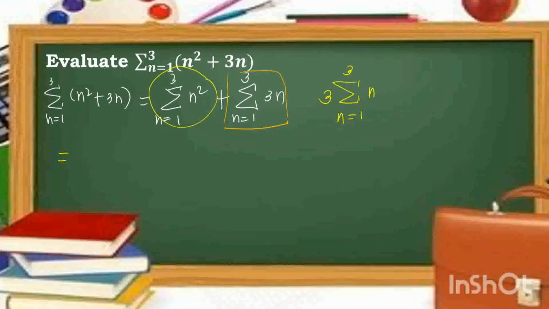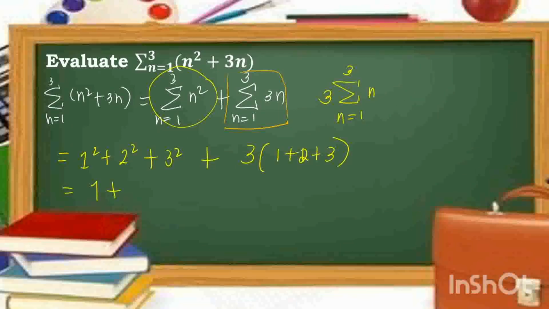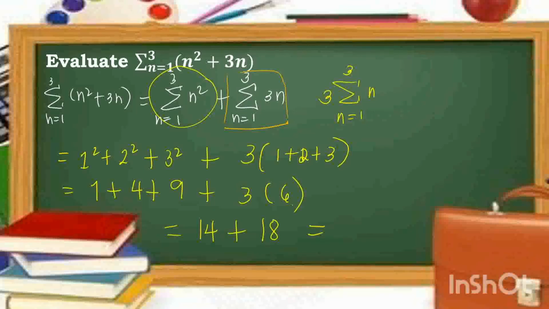So in this sigma notation, it is 1 squared plus 2 squared plus 3 squared, plus 3 times the summation of n, 1 plus 2 plus 3. So 1 squared is 1, plus 2 squared is 4, 3 squared is 9, plus 3 times 6. 1 plus 4 plus 9 is 14, plus 3 times 6 is 18. So 14 plus 18 is 32.